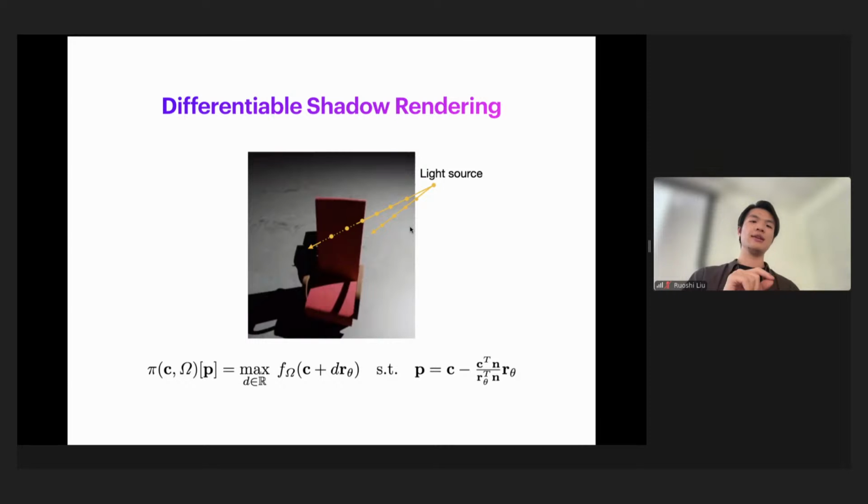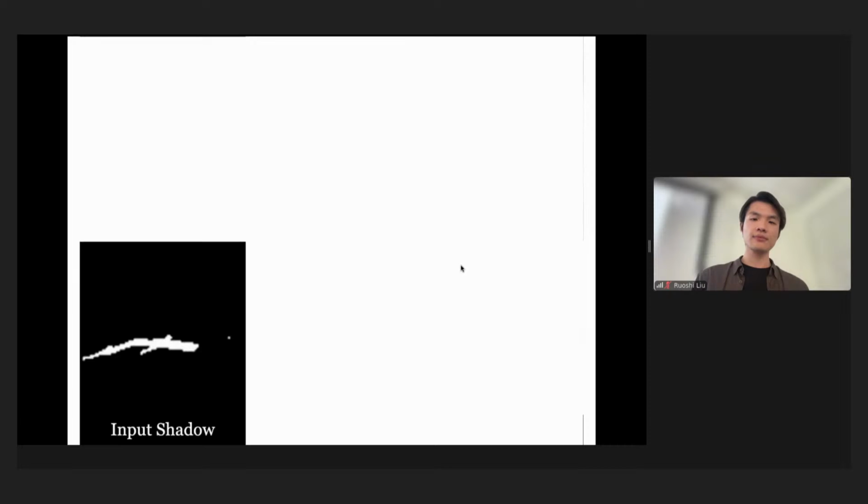As the object is represented by an occupancy function, you query the occupancy function at these points and aggregate them. You find the maximum occupancy value, and if it's occupied by an object, there's a shadow on the ground. We run the same optimization process as before, except the differentiable reflection rendering is replaced by differentiable shadow rendering.